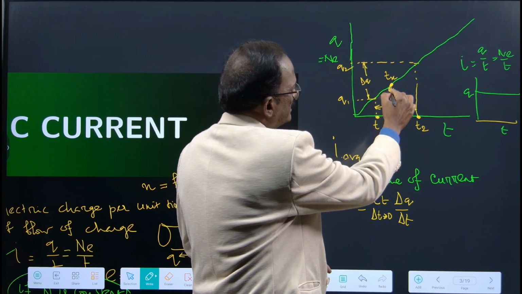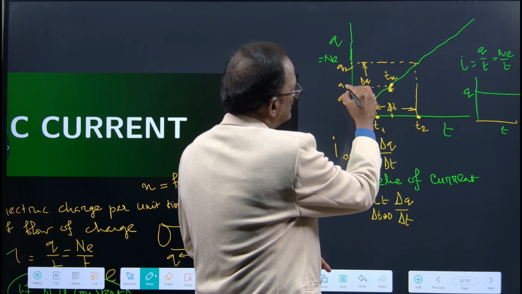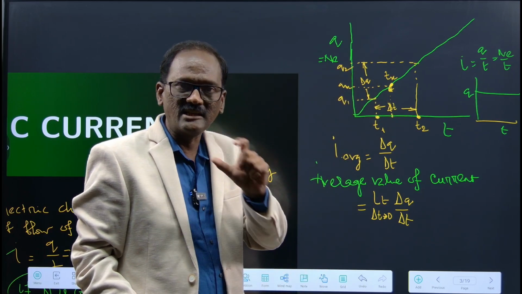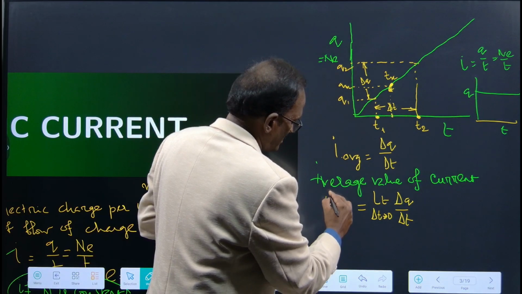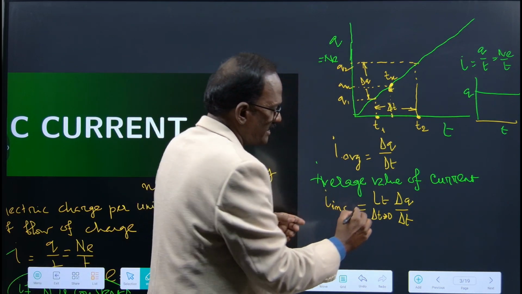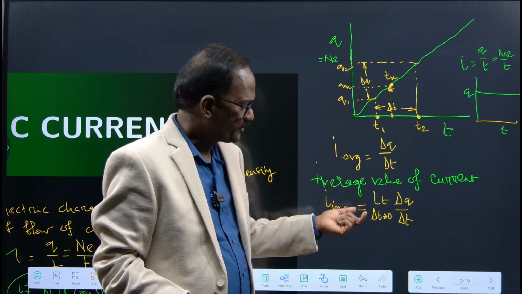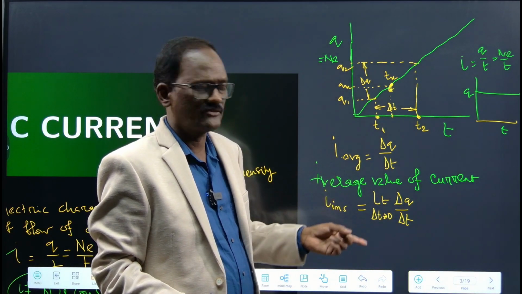So at that particular instant, I will get the instantaneous value. At Tx is Qx, instantaneous value, right? So this is I instant. I instant is equal to, if you limit delta T to approach 0, delta Q by delta T, you will get the instantaneous value, right?